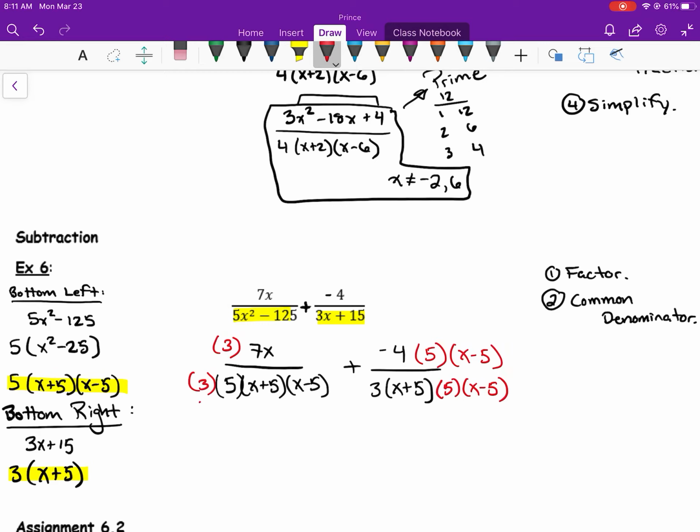So both bottoms have a 3, 5, x plus 5, x minus 5. Great. Awesome. Now we can move on. Let me erase my dots. Okay, now we'll condense.